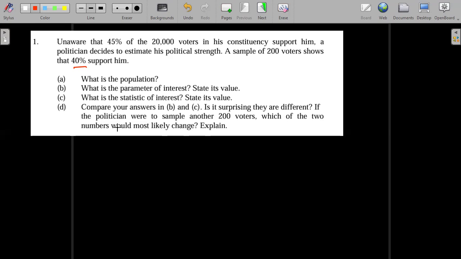So the first question is, what is the population? Anyone who can help us, what is the population in this case that we've been given? Anyone? What's the population?